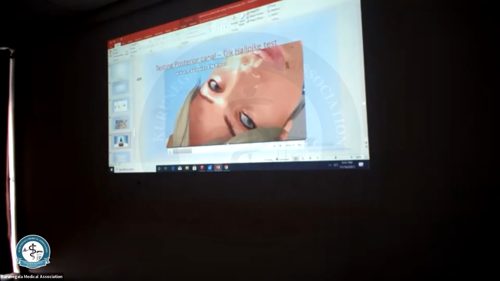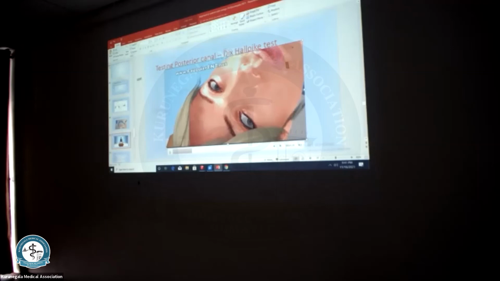It will need a little time to bring the stone to move, so that is why there's a latency. It will increase with time, then this particle will disperse within the canal and the stimulus will go away, so that nystagmus will die down. If you do it several times, it will not be that intense on the second and third go.